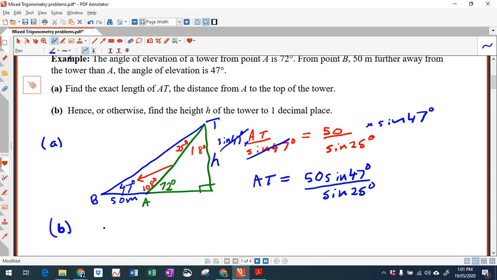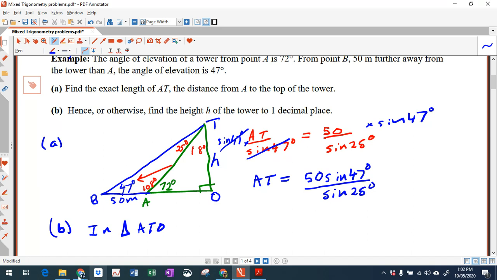Now what do I know about the, I can, in the green triangle, we can use SOHCAHTOA, because it's a right angle triangle. So let me call this, I don't know, something like O. So in triangle A, T, O, what can I say?